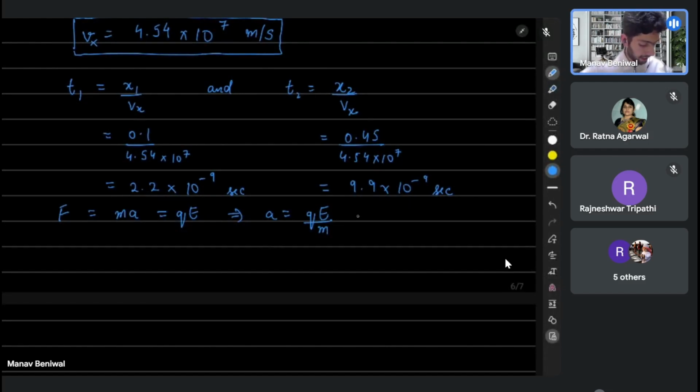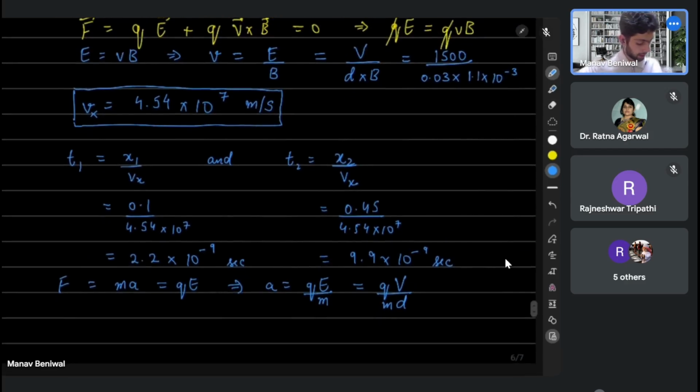And this E is nothing but V by D, because electric field is potential divided by the distance between the two plates. Then we can write this in terms of Q by M, and here V is 1500 and D is 0.03.